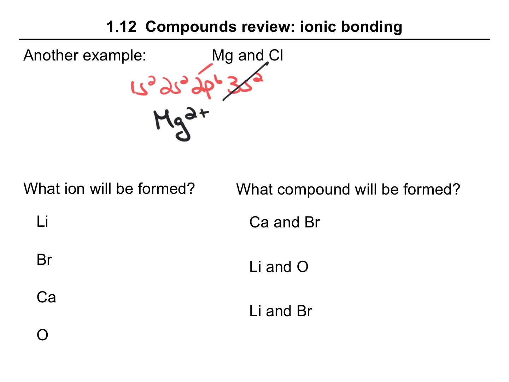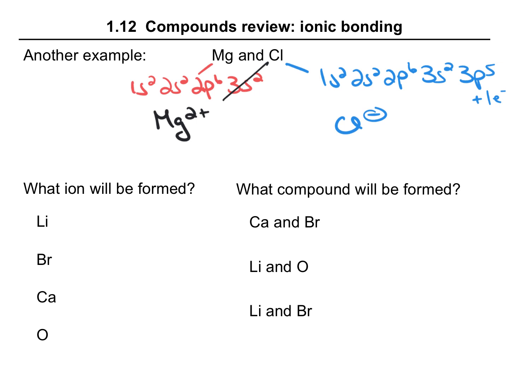Chlorine, on the other hand, is 1s2, 2s2, 2p6, 3s2, 3p5. So it wants to gain 1 electron to form Cl-.